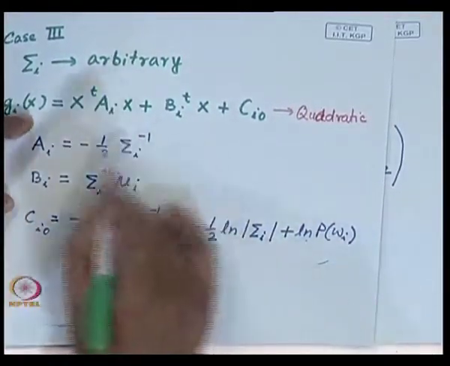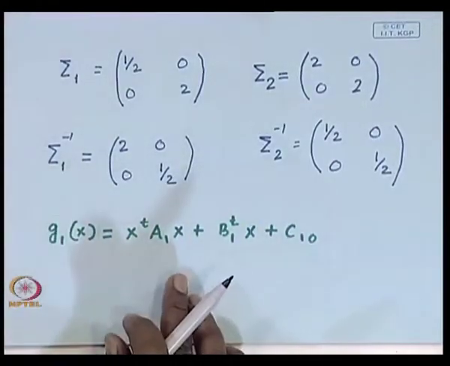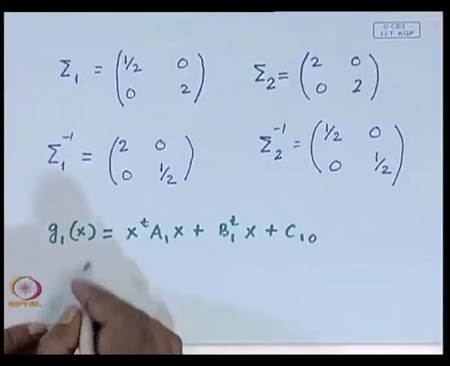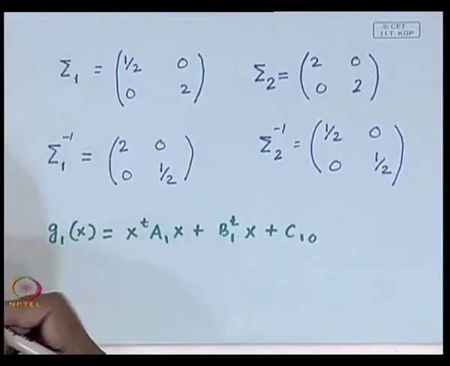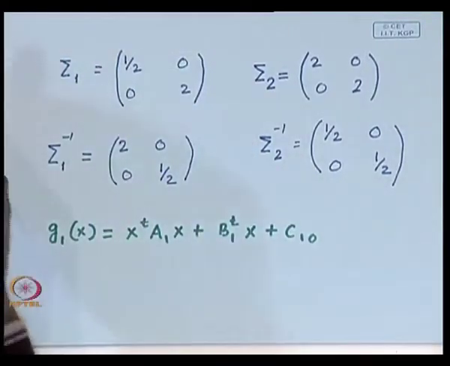So, if you compute all these terms and put in this expression, and similarly you find out G 2 x following similar expressions, and then equate G 1 x equal to G 2 x or G 1 x minus G 2 x equal to 0, then we will find that finally the decision surface, I am not going into the detailed calculation, that is a simple one.